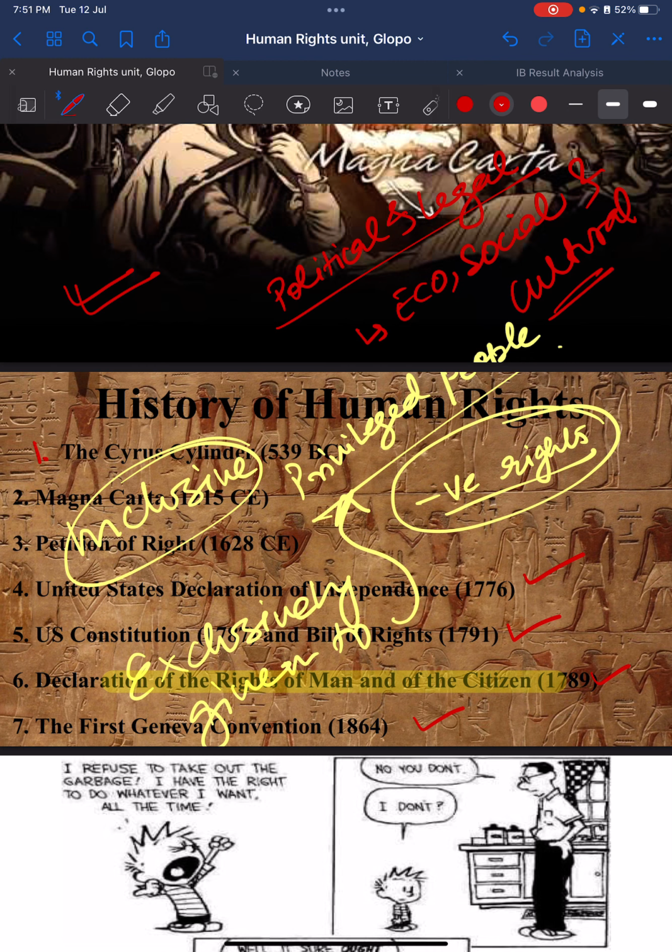Furthermore, modern human rights explicitly identify groups or minorities that claim special rights. This tradition emerged during the late 19th century when there was an emergence of citizen activism. Let me erase what we have already seen.